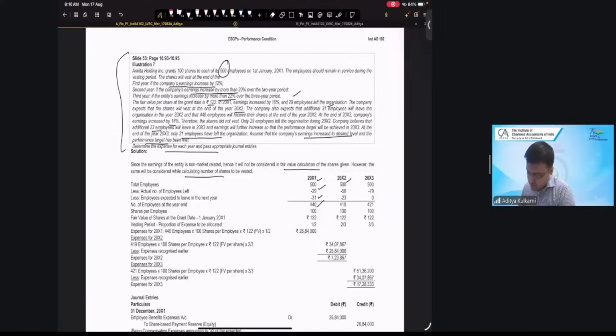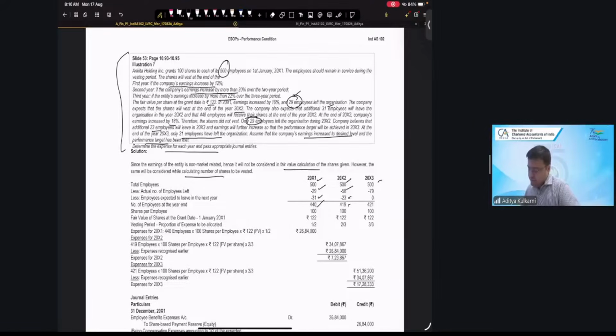Company's earnings increased. Only 29 employees left in 20x2. So 29 plus 29, 58. And company believes that another 23 will leave. So you have 419.